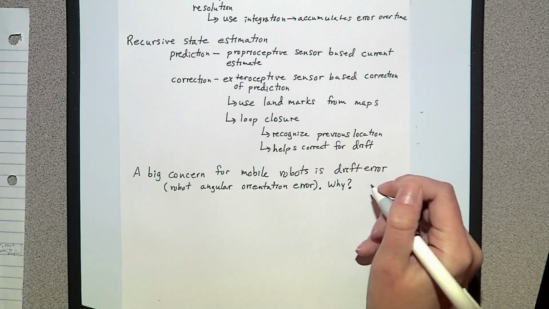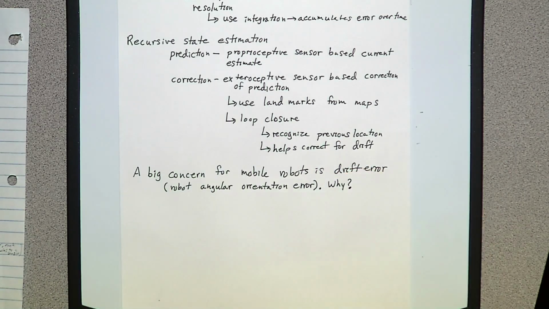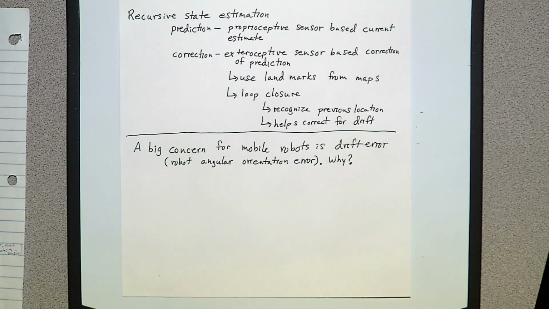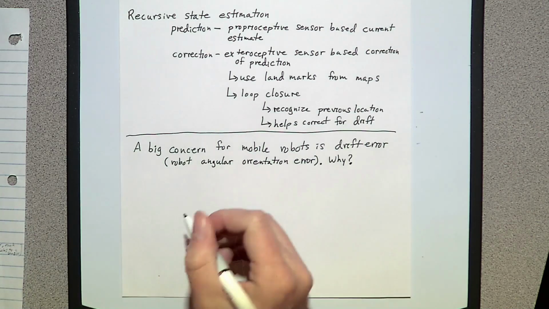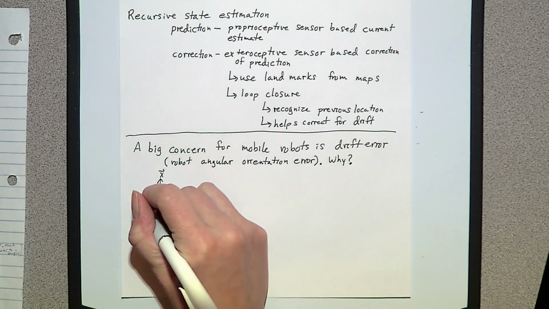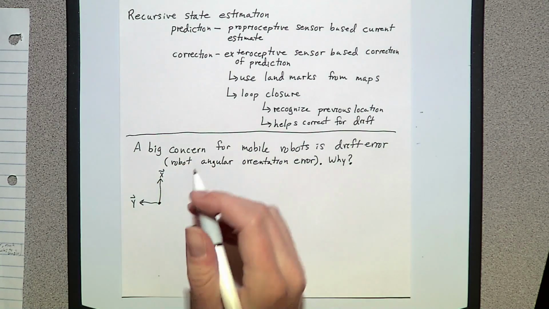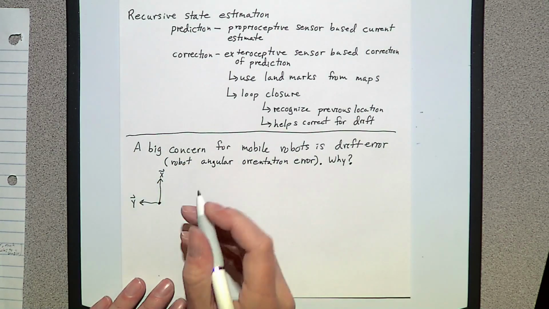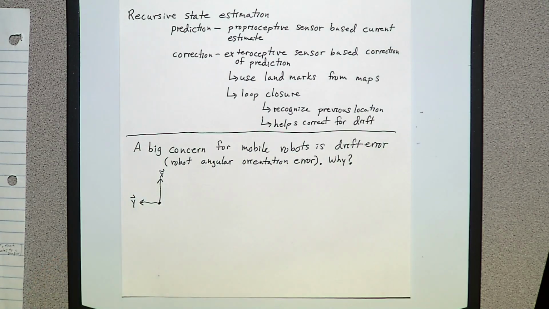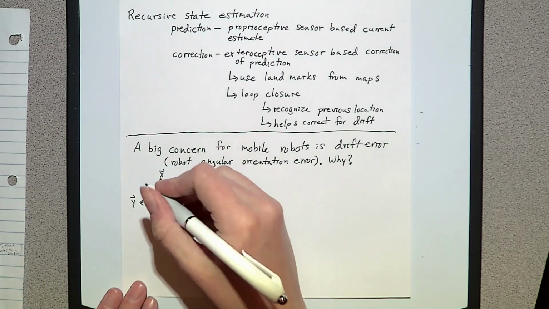The question might be, why is that one of a particular concern? Well, if we think about, we have our XY here. And then let's say that we want to move straight along X, and we assume that our theta doesn't change, right?